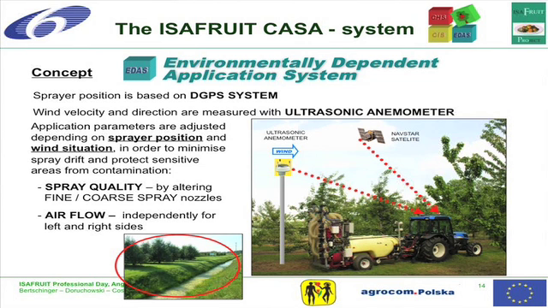Wind velocity and direction are measured with the ultrasonic anemometer. Application parameters are adjusted depending on sprayer position and wind situation in order to minimize spray drift and protect sensitive areas from contamination. So it's all about spray quality by altering fine and coarse spray nozzles and airflow independently from left and right sides.